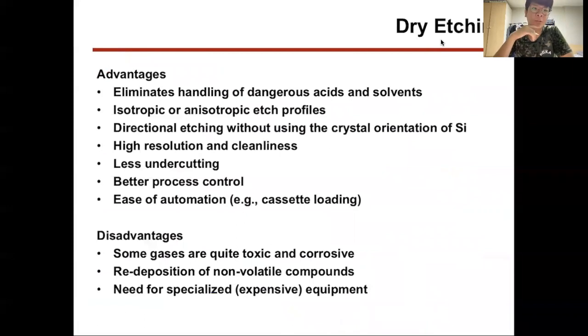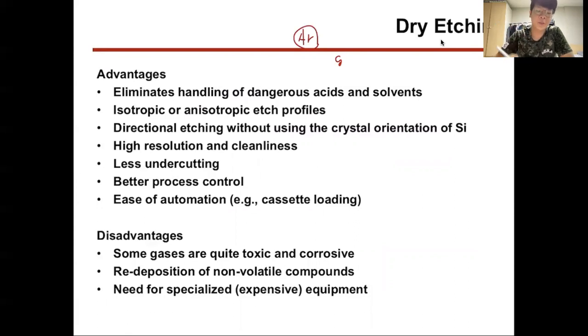Next, the dry etching. The dry etching uses gas reactions or plasma. The plasma uses a physical way by accelerating argons, very stable materials.